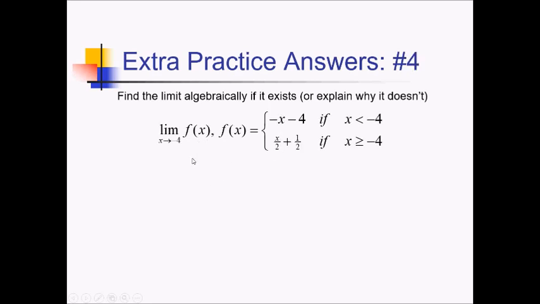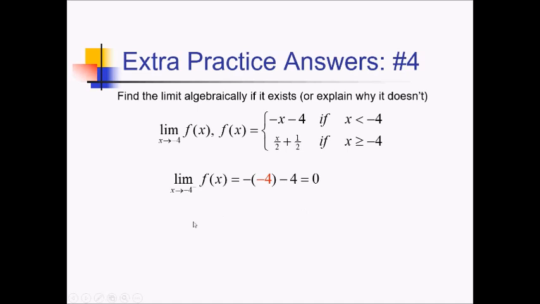For this problem, we're trying to figure out the limit as x approaches -4 for this piecewise function. Since -4 is the border value, we look at the left and right-sided limits at -4. For the left side limit at -4, we've got the rule with x less than -4. That's -4 minus 4, which is really +4 minus 4, which comes out to 0.